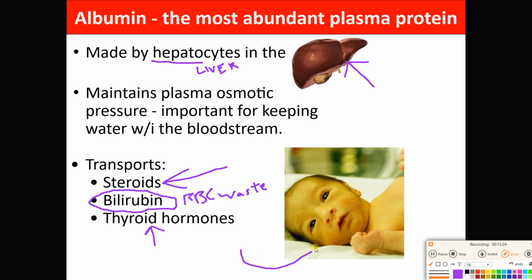If you've ever seen a jaundiced baby, they've got too much bilirubin in them. We're going to talk about bilirubin when we talk about red blood cell destruction, but for now, just suffice it to say, albumin helps carry bilirubin as well as steroids and thyroid hormones.